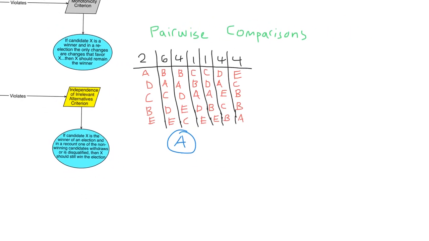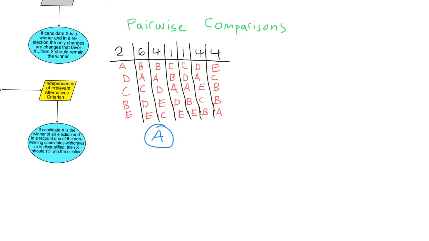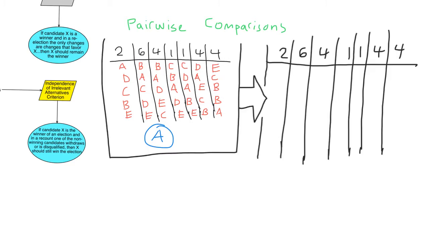Now, let's imagine that there's a recount or a re-election, and then we end up with the following preference schedule, which I'm going to fill in right now. But before I fill it in, one more detail, and it's actually a very important detail. We need to recognize that C has left the competition.